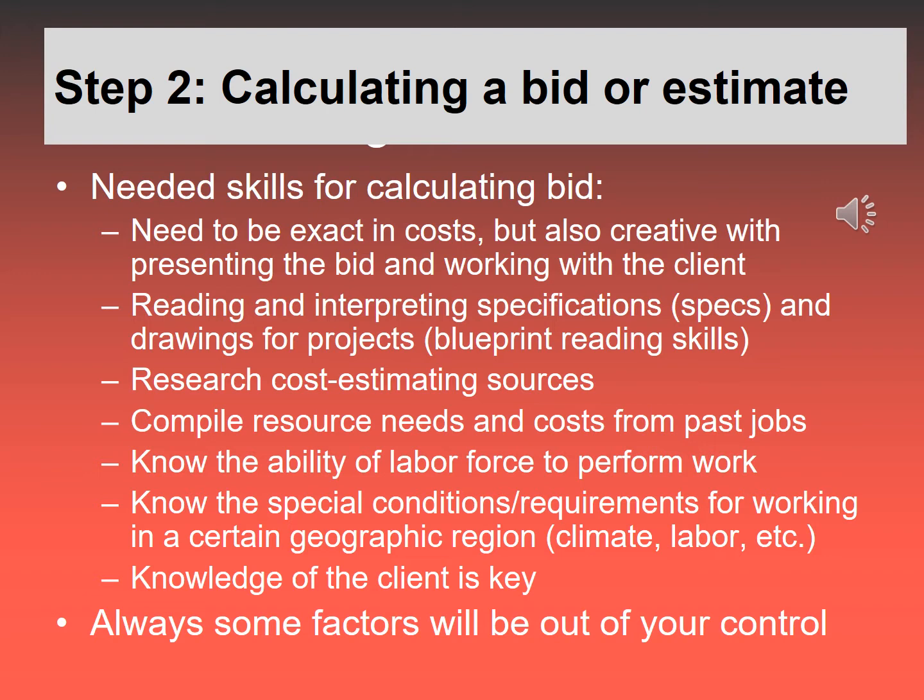So you need blueprint reading skills. And we do actually have a great blueprint reading class in our construction technology department. You need to be able to research cost estimations of different parts of a project, maybe grading of the soil, installation of drainage materials, building of walls, building of decks.